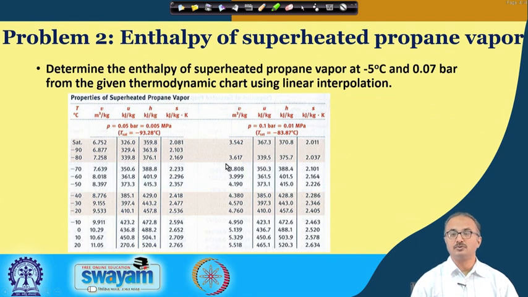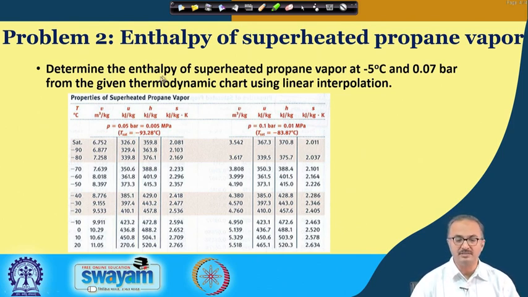Now let us go to another problem. In this problem, we are now going to deal with two independent variables at which we have to interpolate. In the earlier problem we were interpolating only with respect to temperature. In this case we have to interpolate with respect to both temperature and pressure.